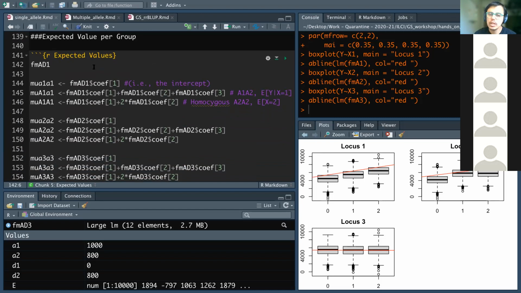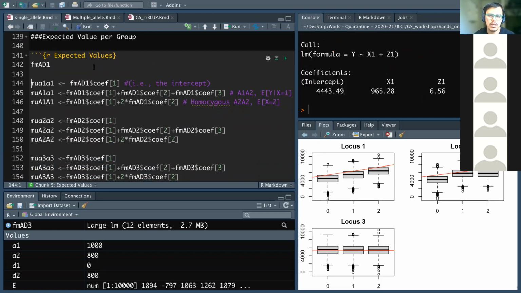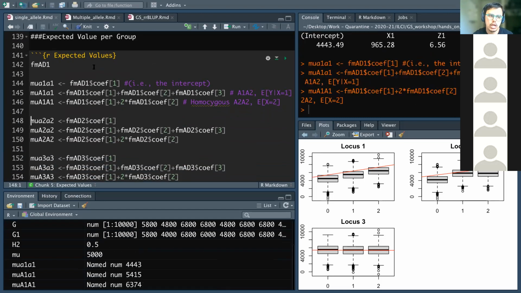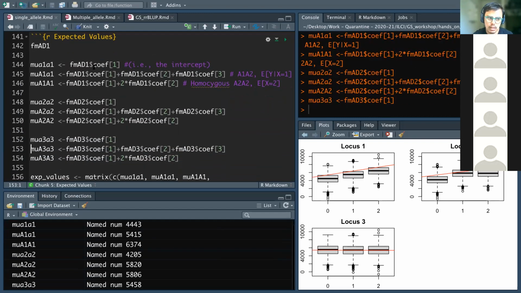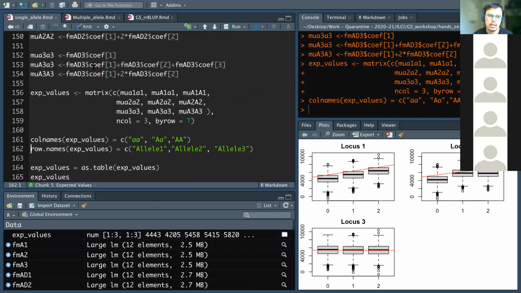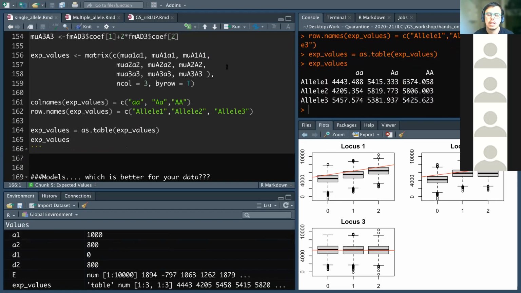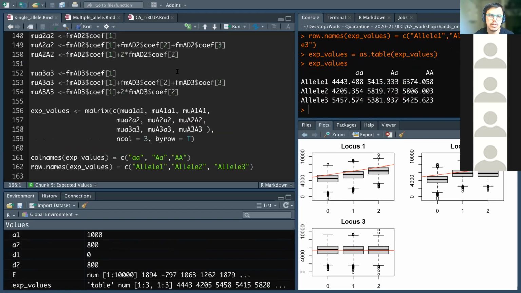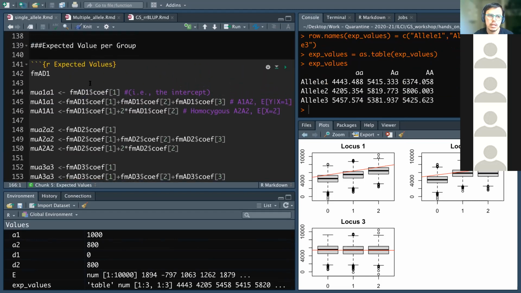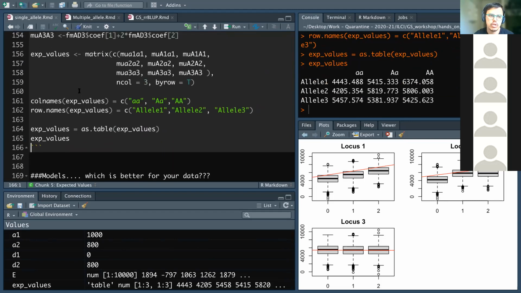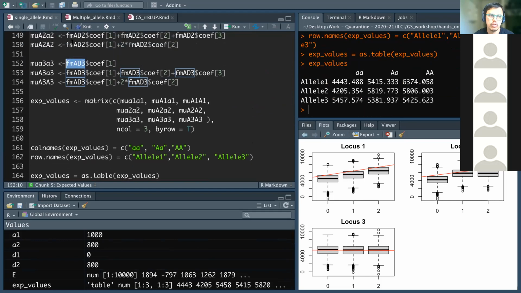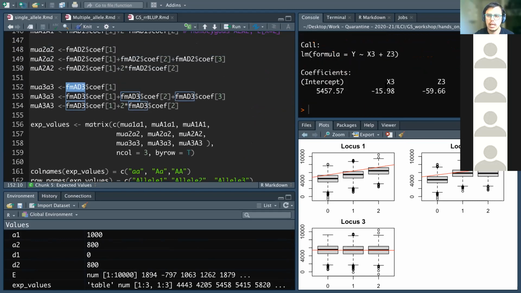So with the linear regression, we can just estimate the effect of the genotype on the phenotype. Here I just put some comments that basically extract the information from the slope that takes into account the additive effect plus the dominance.